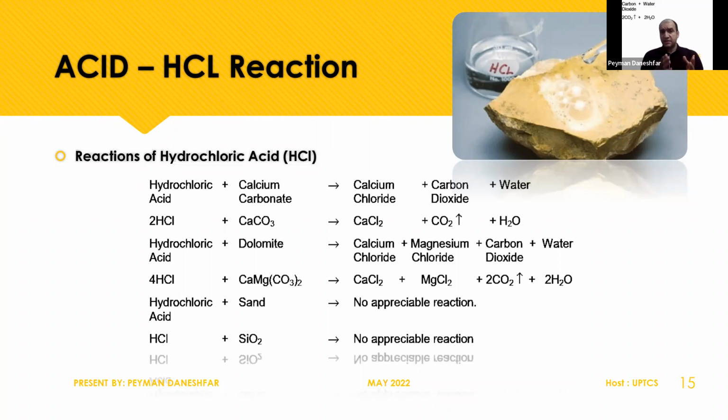You see that the products of the HCl acid and the calcium carbonate are calcium chloride, carbon dioxide, and water. Okay, this is important for us because we need to use the stoichiometry numbers in calculating the volume of the formation and volume of the acid.